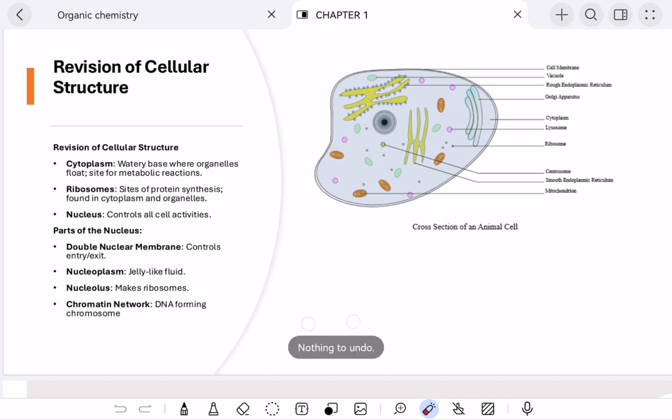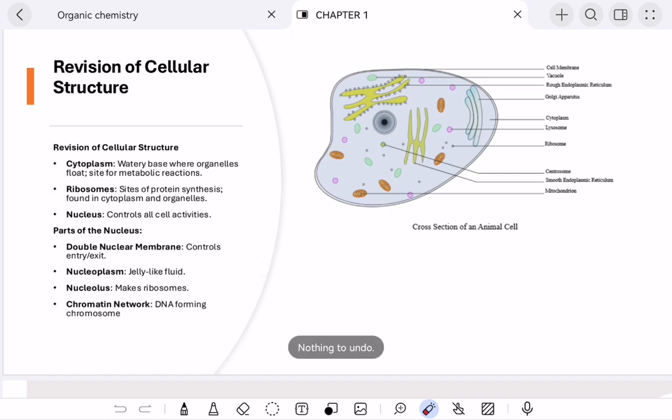So we also have the nucleoplasm, which is the same scenario as the cytoplasm, right? It is a gel-like fluid. It has a similar purpose to the cytoplasm. We also have a nucleolus within our nucleus, which makes ribosomes, and then they are taken to the cytoplasm.